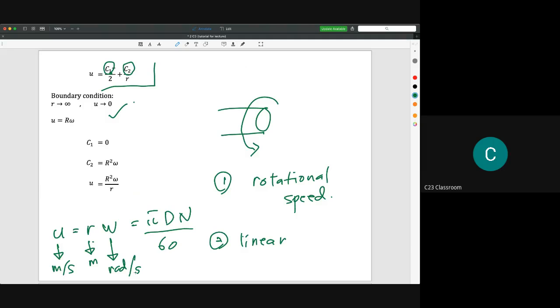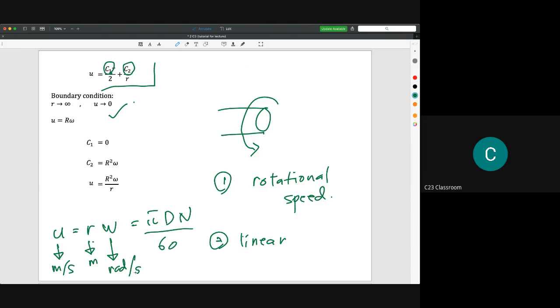And for pi D N, sometimes when you have a rotational device, you will describe it using RPM, rotations per minute. To convert rotations per minute to radians per second, or to the linear speed, you just use this relation.